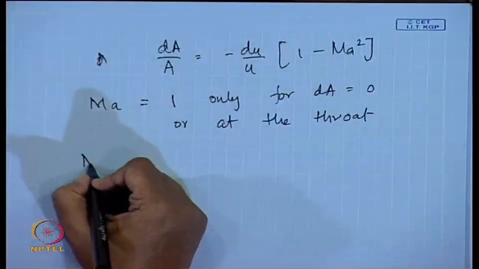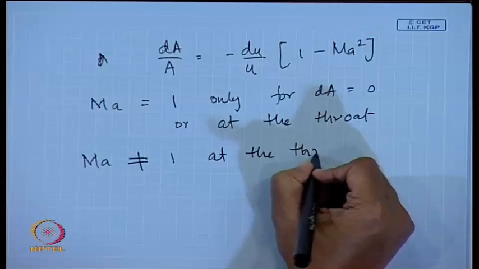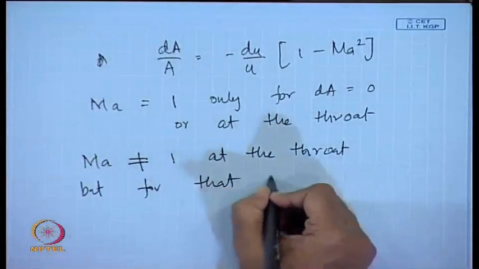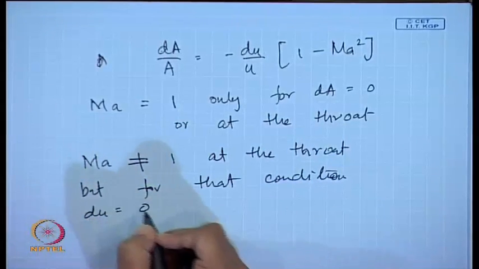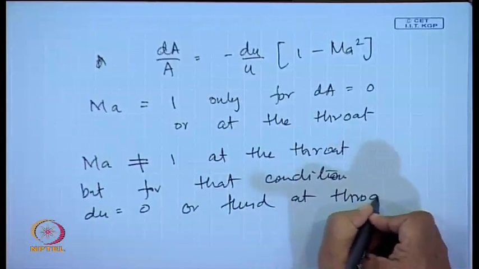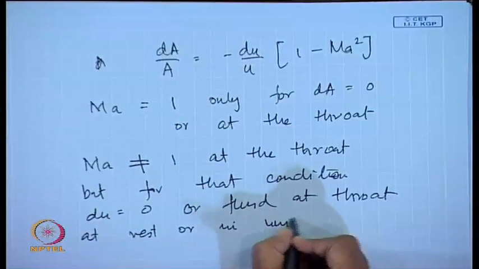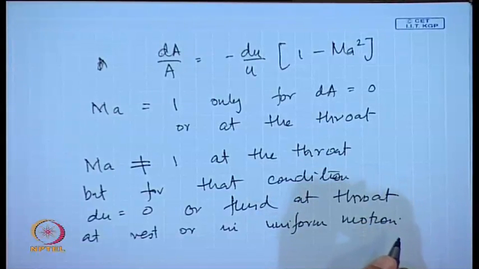So, therefore, Mach number might not be equal to 1 at the throat, but for that condition du equals 0, or fluid at the throat has to be at rest or in uniform motion, it cannot accelerate at the throat. Do you get this point? This point is extremely important.